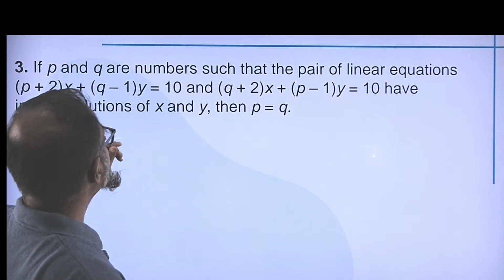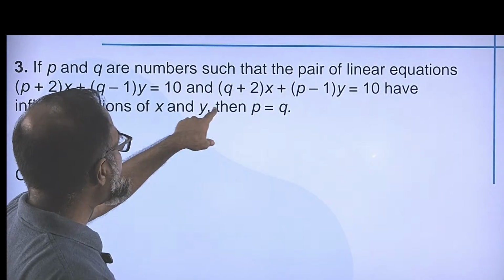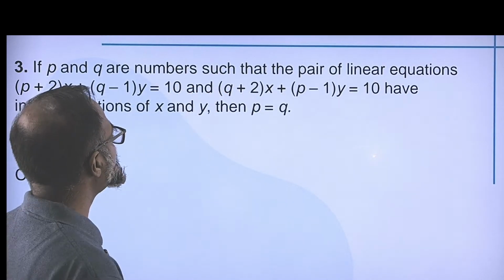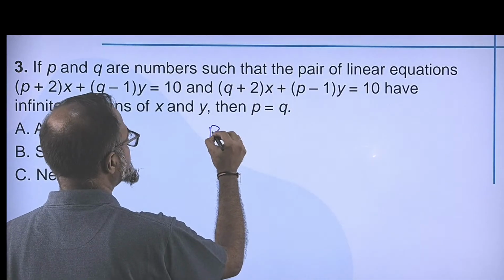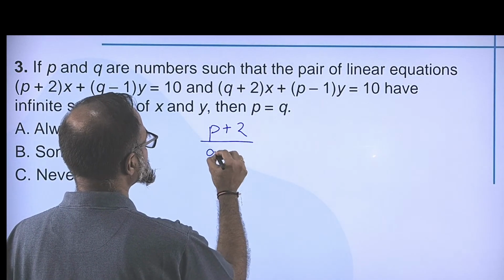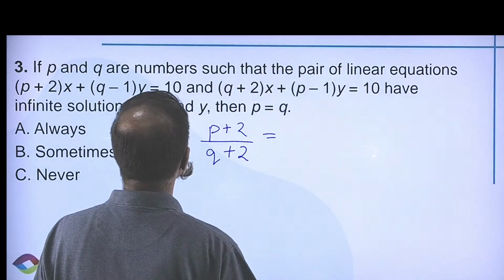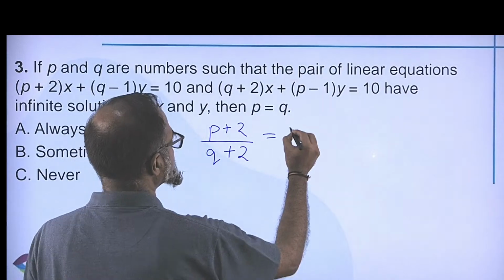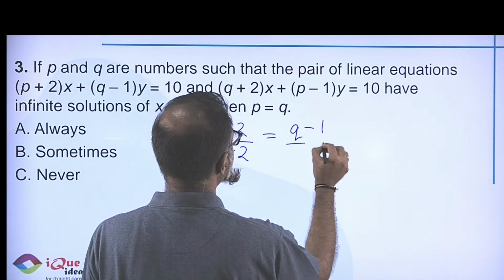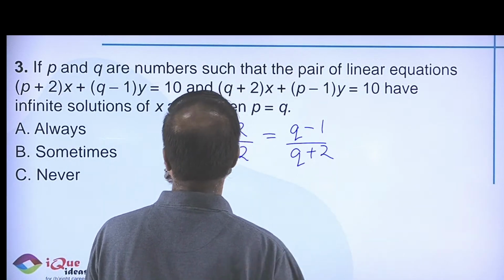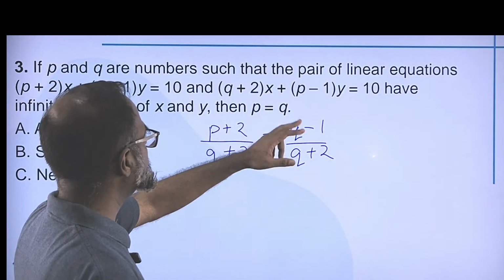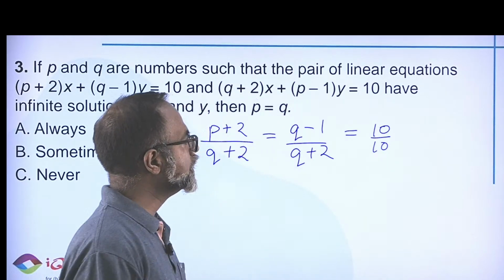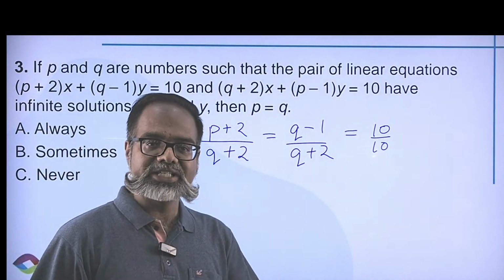It says the equations have infinite solutions of x and y. So the ratio of the coefficients of x, in this case p plus 2 with q plus 2, should be equal to the ratio of the coefficients of y, that is q minus 1 upon q plus 2, and that should be equal to 10 upon 10, right?